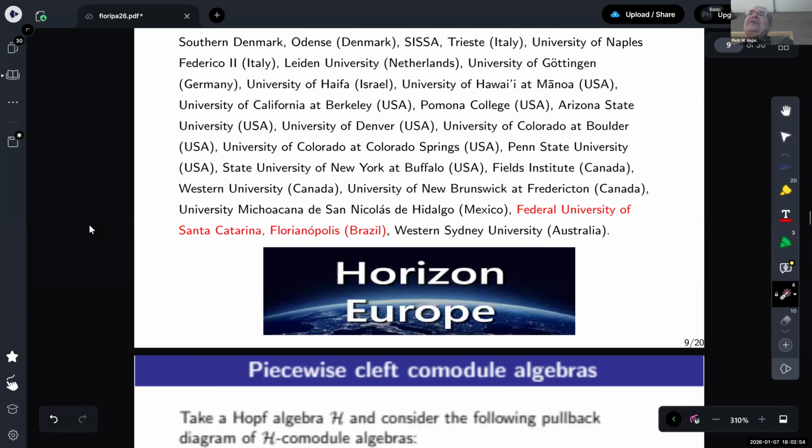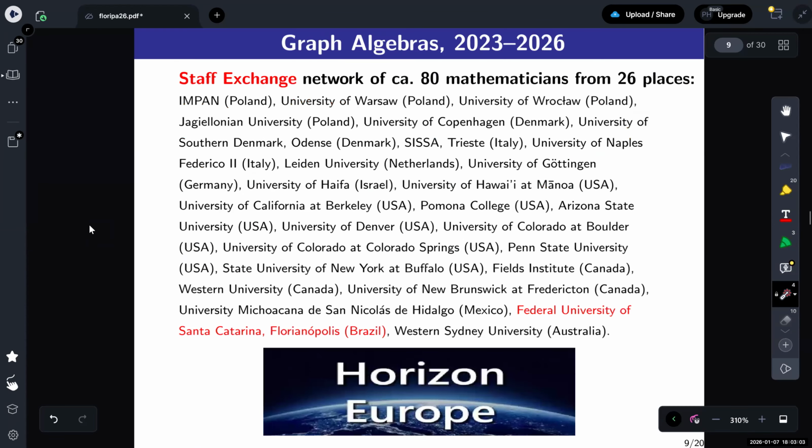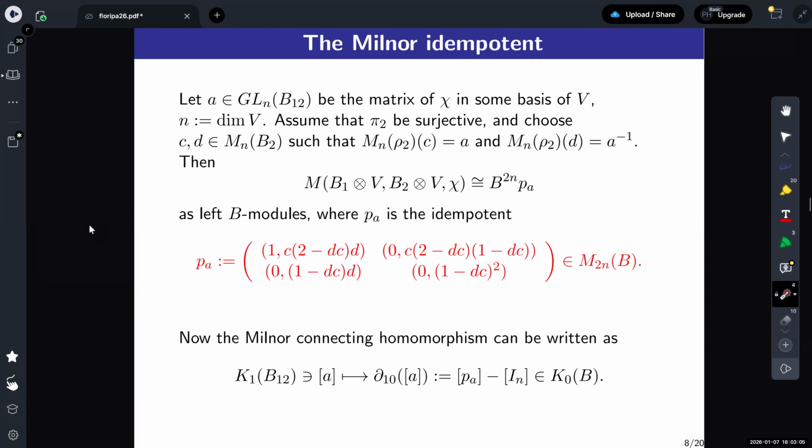Excuse me, I have a question about the idempotent you were explaining. The idempotent matrix in M_2n. I lost the page. I was computing the trace of this idempotent, and it was amazing that, for example, even when C and D are 1 by 1 matrices, I think that the trace of this matrix is 0.